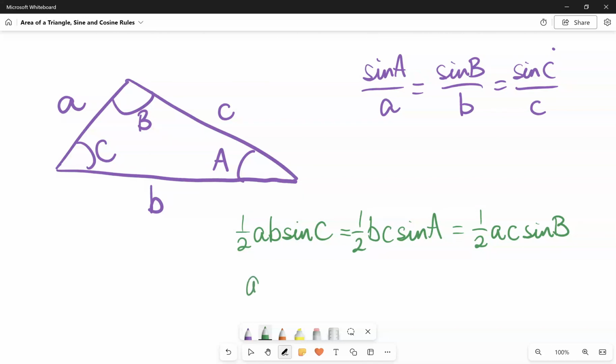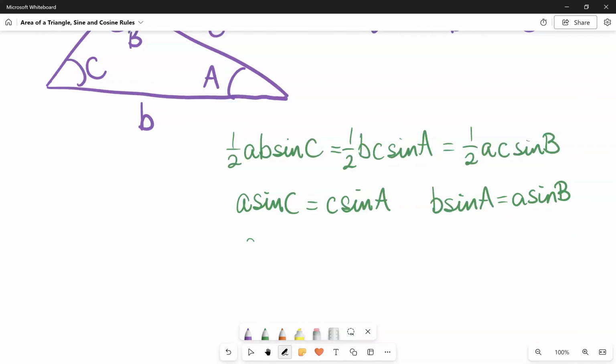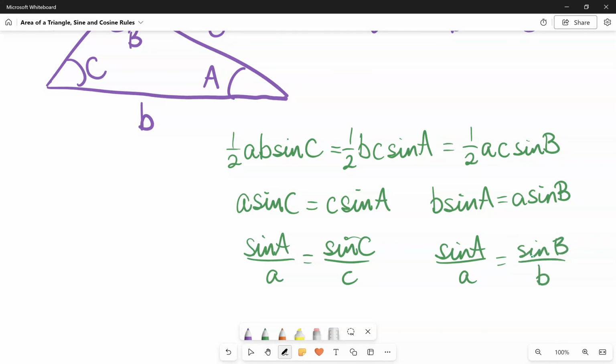So we get that a sine C equals c sine A. And then from the second and third equation, if we cancel out a half c, we get that b sine A equals a sine B. Then if we relate these, we get sine A over a equals sine C over c, and here we get sine A over a equals sine B over b.